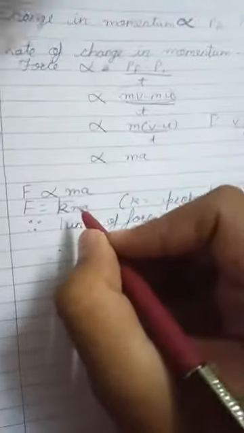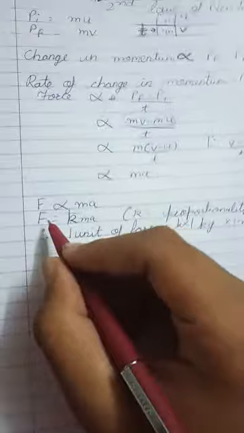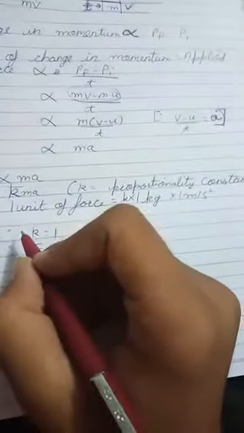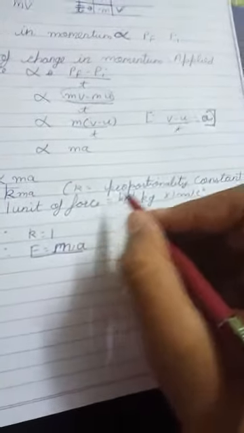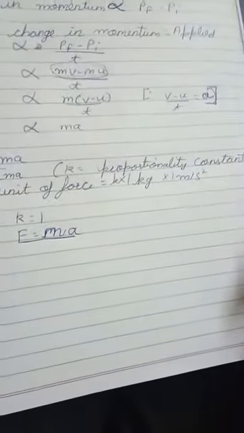Now here we have a proportionality sign, so we have to put a proportionality constant. In NCERT it is given as k, so let's put F equals kma. How can we find the value of k? As given in NCERT, 1 unit of force would be equal to k into 1 kg into 1 meter per second square.